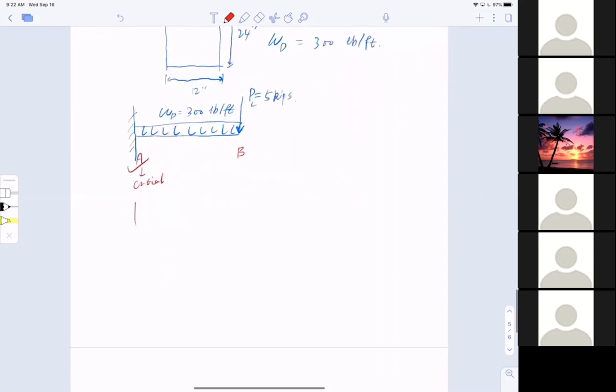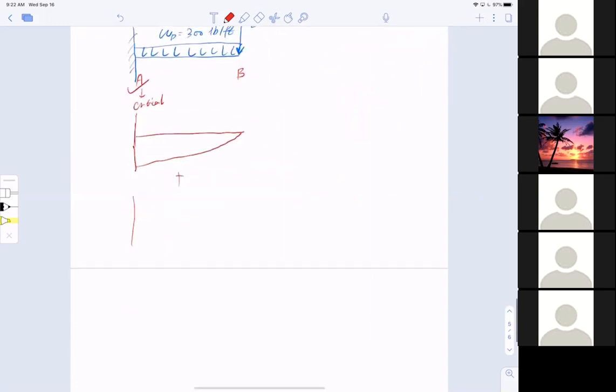Not too hard. I get a negative bending from the distributed load, plus a negative bending from the other triangle, so it's going to be constant.